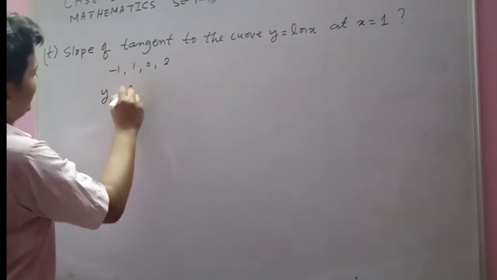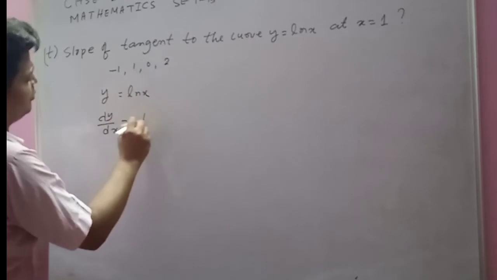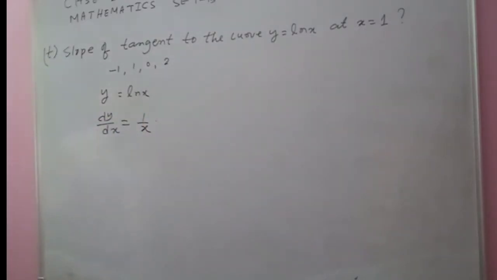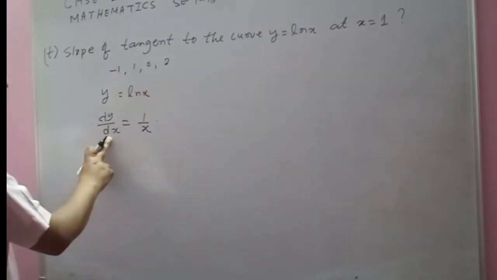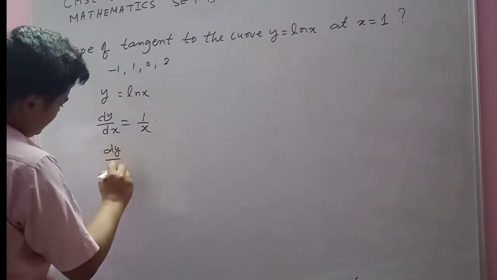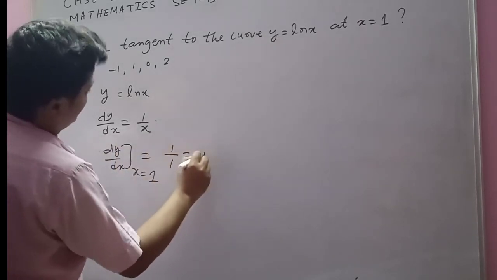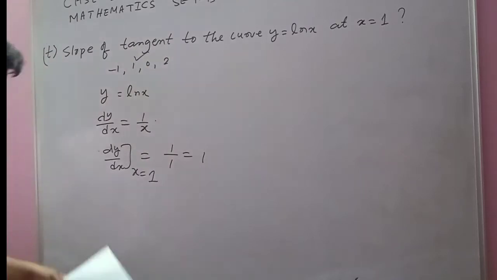Y equal to ln x, so dy by dx becomes equal to 1 by x. We all know the slope of the tangent is same as dy by dx. The point is given, x equal to 1. dy by dx at x equal to 1 is 1 by 1, 1. So the answer is 1.